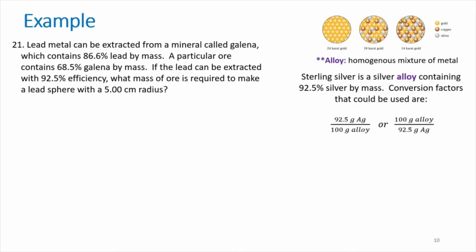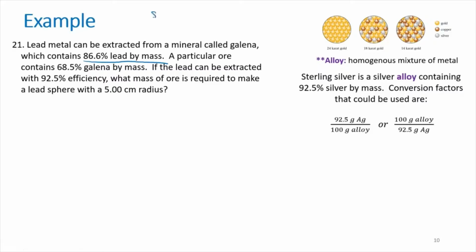So we know lead metal can be extracted from the mineral, which is 86.6% lead by mass. That's like, over here we said sterling silver is a silver alloy containing 92.5% silver by mass, so we have 92.5 grams of silver per 1 gram of alloy.